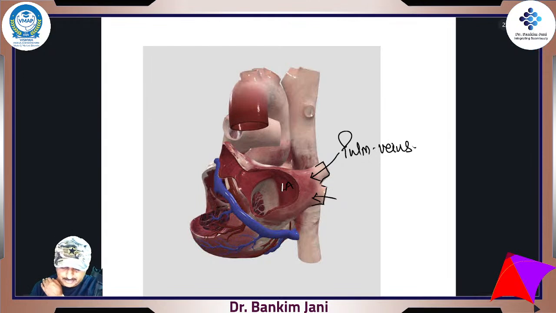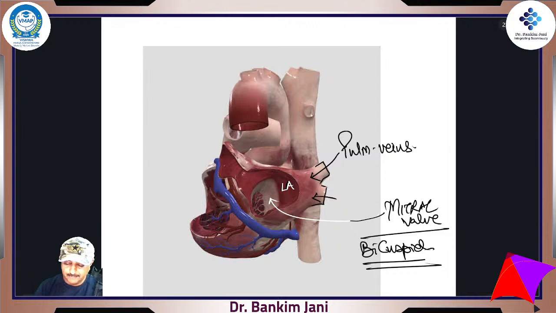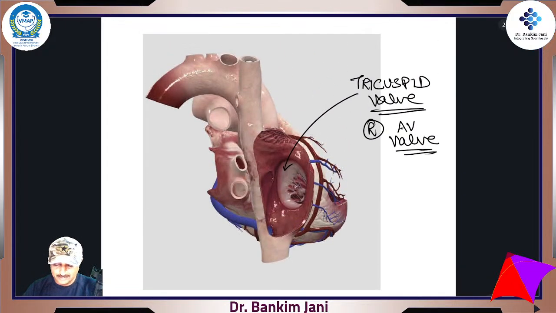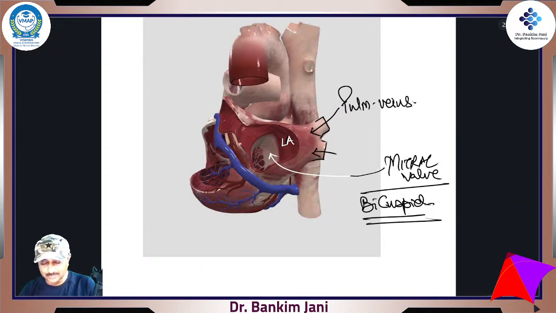If this chamber is the left atrium, blood goes from the left atrium to the left ventricle, so this has to be the bicuspid valve, or the mitral valve. The point is not to be carried away by thinking, this is tricuspid, so this is also tricuspid. No, this is bicuspid. Watch from the hints we are getting.